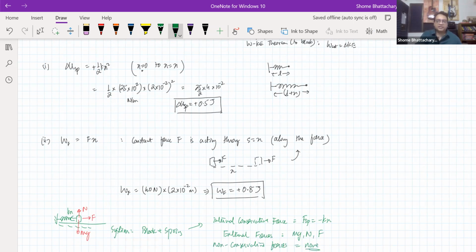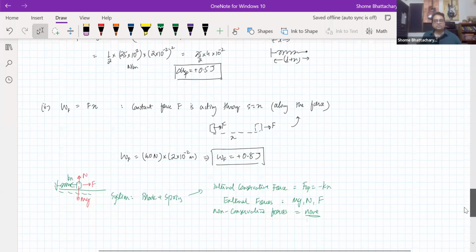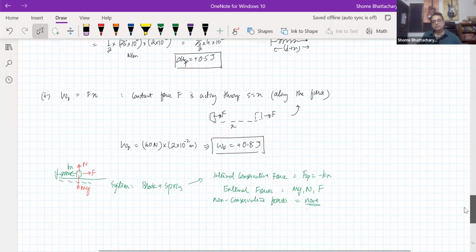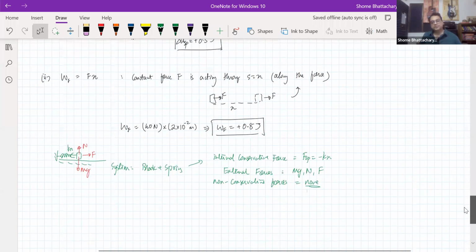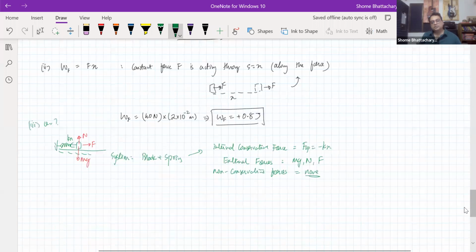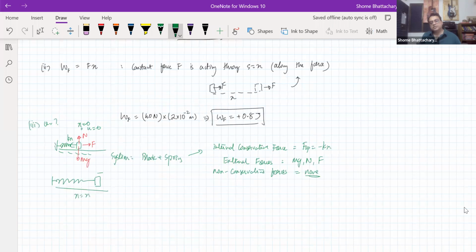So now if we apply the work energy theorem to this system, we want to find out the speed v. It started from x equal to 0, u equal to 0, and after some time, it's reached a situation where x is equal to x, speed is equal to v.